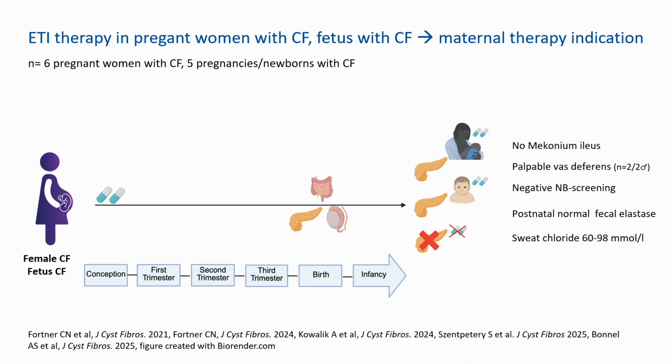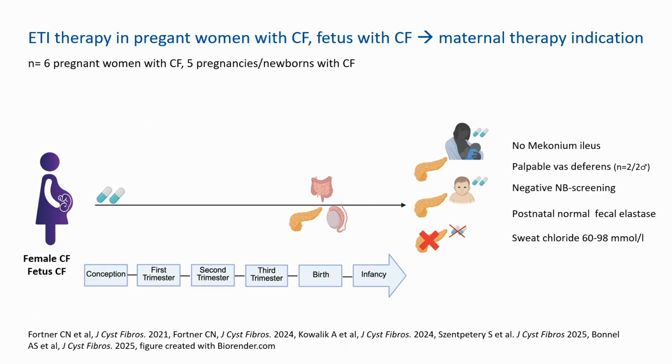And now we actually have the privilege of having some human data on this. And there are actually two cases where we can treat in children with CF in utero. And one is pretty obvious, that we do have pregnant women with CF that are taking modulators and keep taking those modulators during pregnancy.